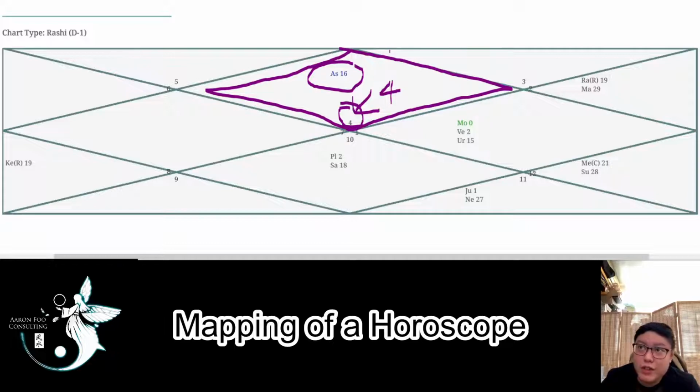These 12 constellations are all 30 degrees each, and are measured from this ascendant. So this is the start of the second house, like the Leo ascendant. The Leo ascendant is also 16 degrees. That's why everything is determined from this degree of your ascendant. Everything in this chart starts from here.